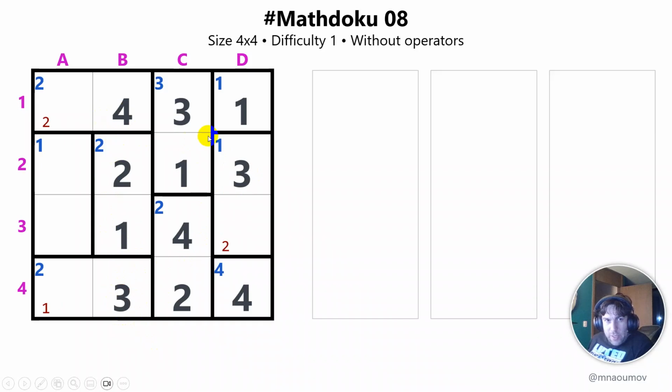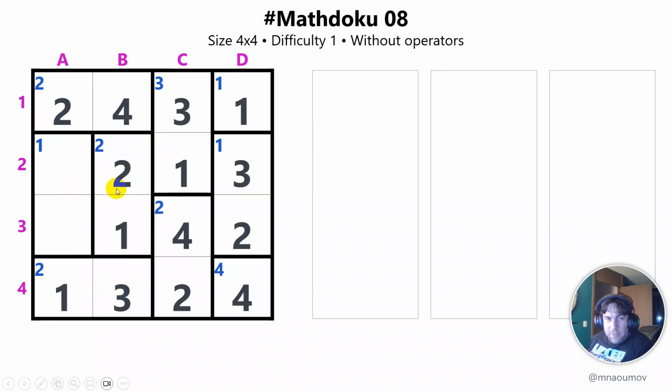And after we filled in, other candidates also became single candidates, all these 3 cells. So on the next step we fill them in.